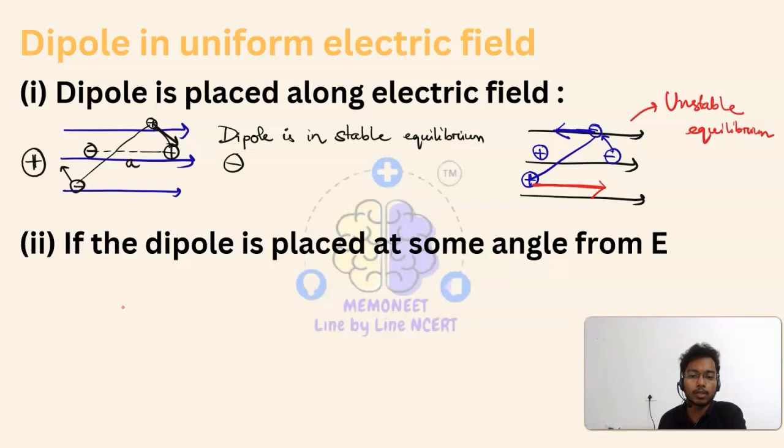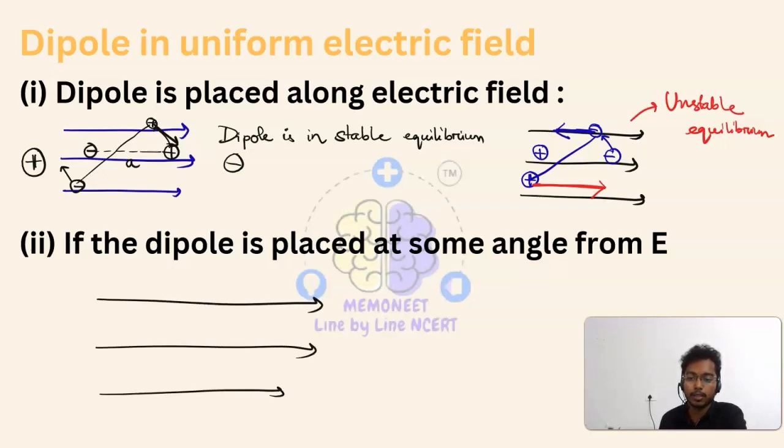Dipole placed at some angle from E. Let's say we have a uniform electric field here, and the dipole is present here at some angle theta, with the negative charge and the positive charge.